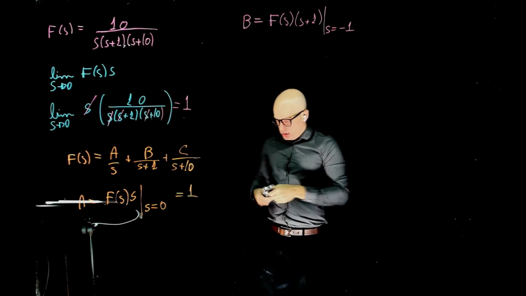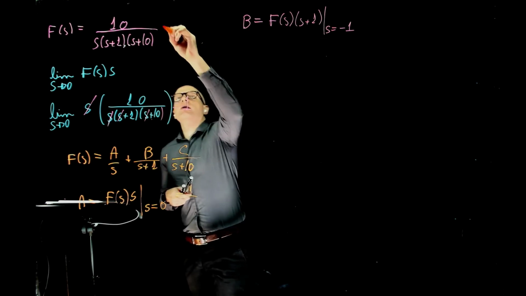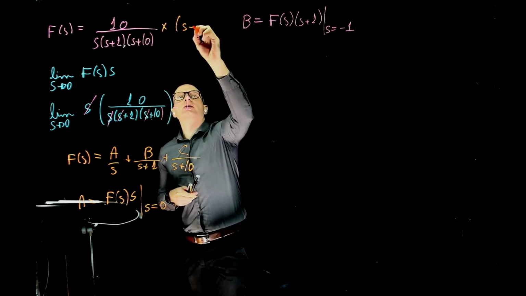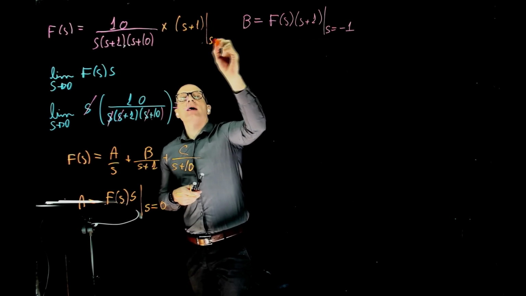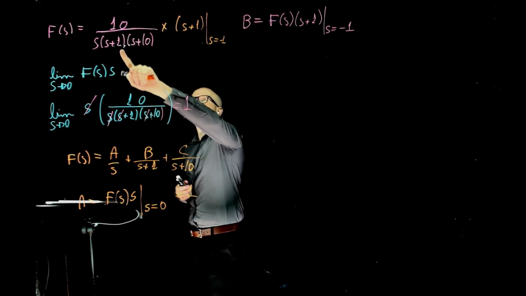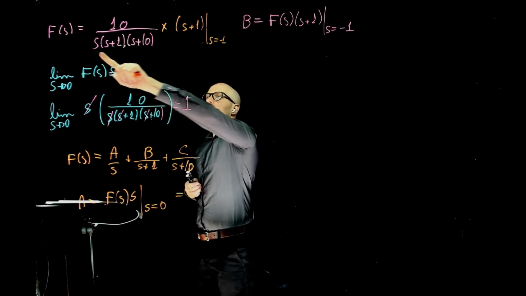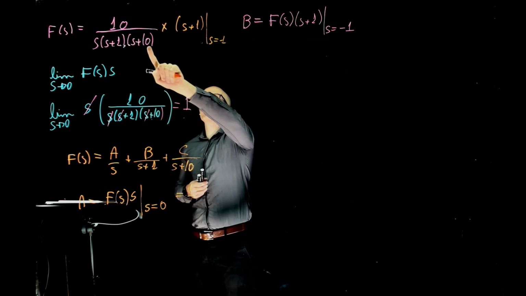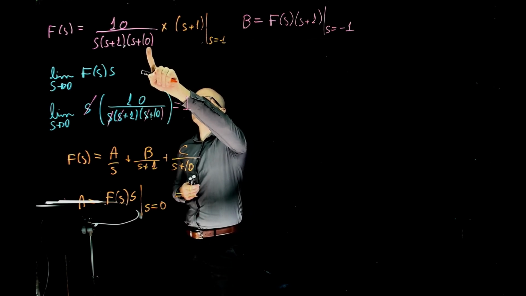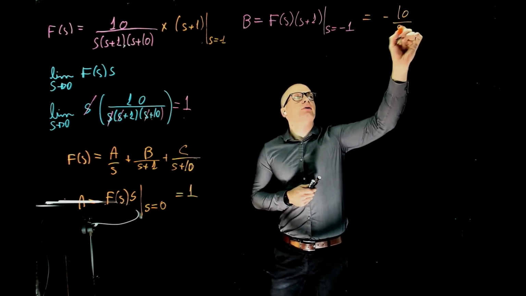Very good. So we multiply this by s plus 1 and make s tend to negative 1. This s plus 1 cancels that s plus 1. We have 10 divided by negative 1, that's negative 10. And here we have negative 1 plus 10, that's 9. So that's negative 10 over 9.